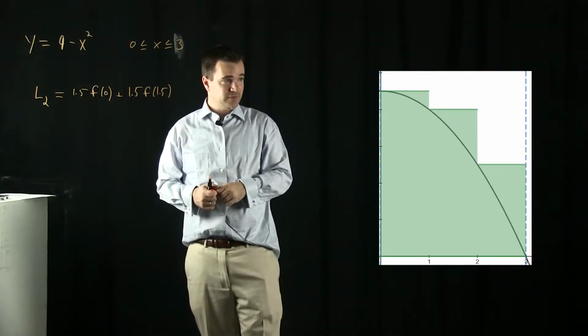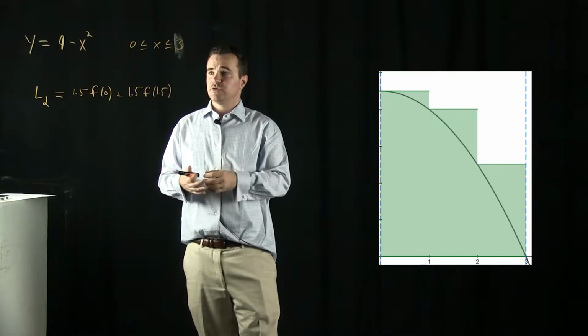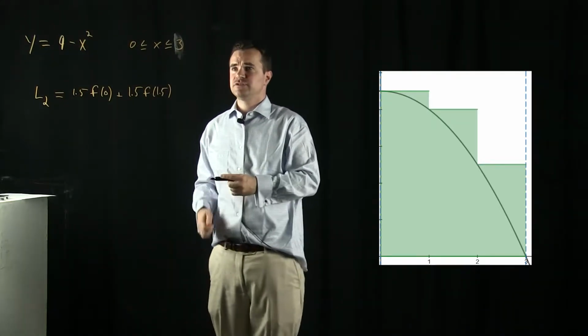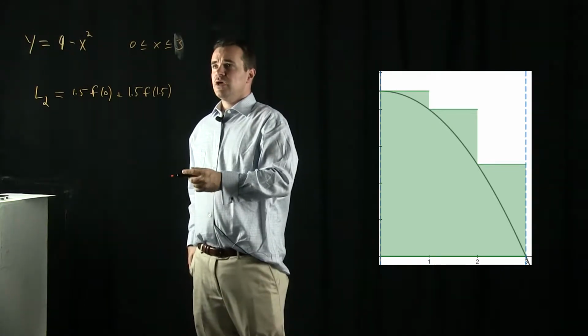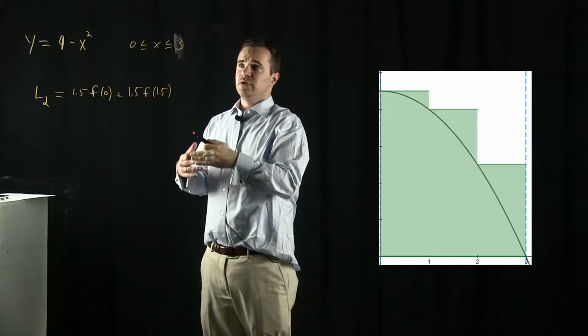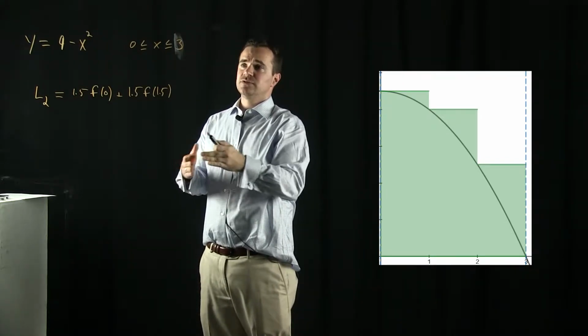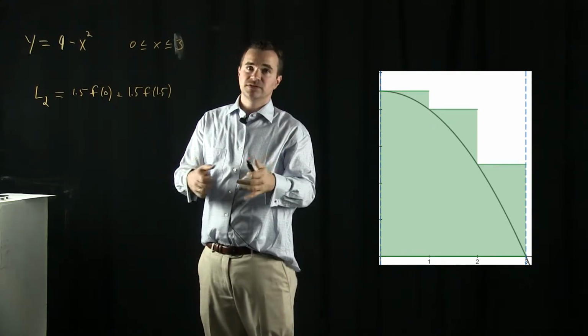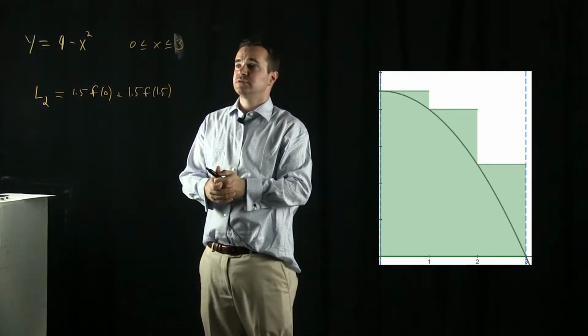Actually, I'll show you that right there. So how can we figure that out? Here I'm going to introduce some notation for you. What I'm doing is partitioning this interval from 0 to 3 into 3 equal parts, n rectangles, n equal parts.